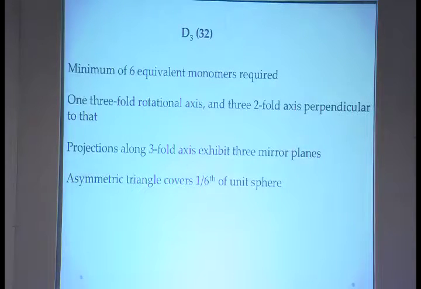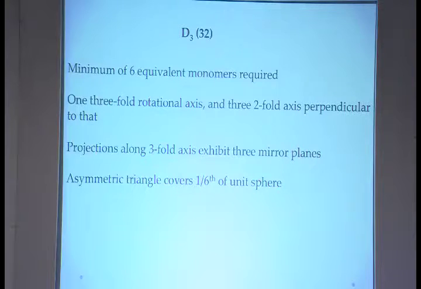The next higher group is D3. To generate this type of oligomeric molecule, you require a minimum of 6 equivalent monomers. There is 1 3-fold rotational axis and 3 2-fold axes, which are perpendicular to the initial axis. And the projections along the 3-fold axis exhibit 3 mirror planes.